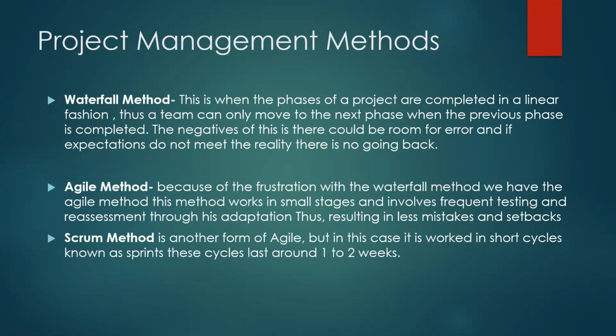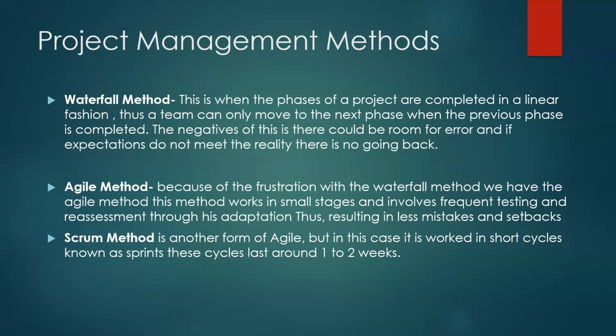In the course, we had more than just three, but for this presentation today, we'll just go over three of them. First, we'll go over the waterfall method. What the waterfall method is, in short, is a method that's done in a linear fashion.